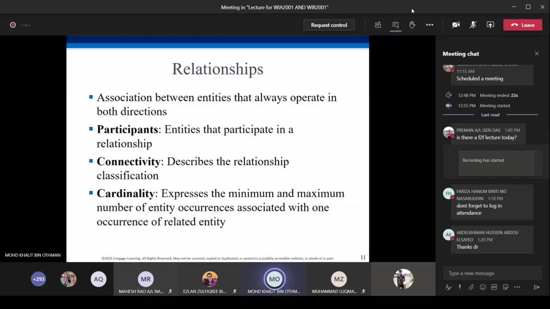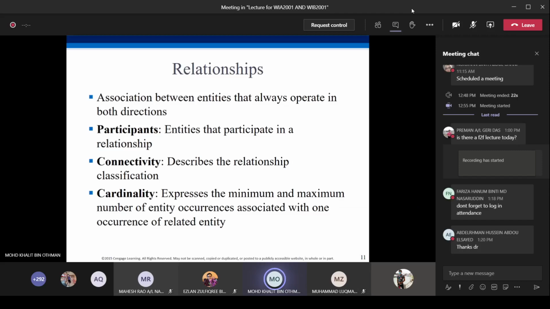What is a participant? The entities that participate in a relationship are also known as participants. So a participant is an entity that participates in a relationship. For example, in the student takes a class relationship, entities student and class are participants.